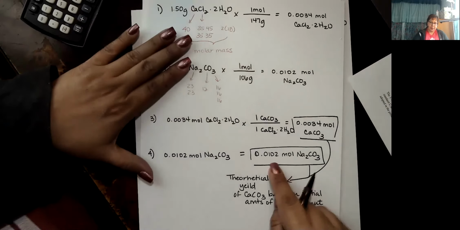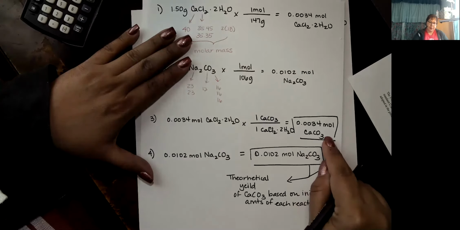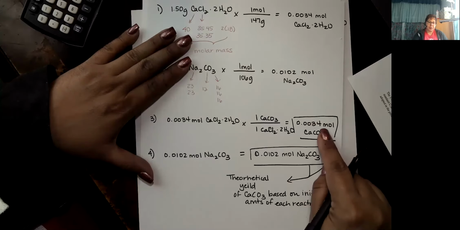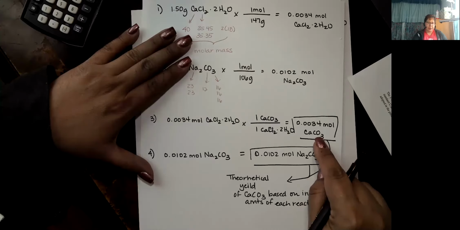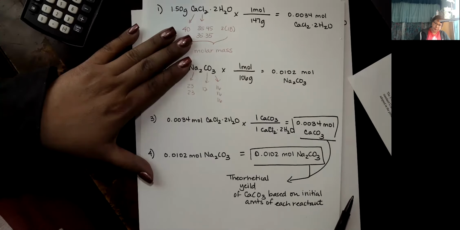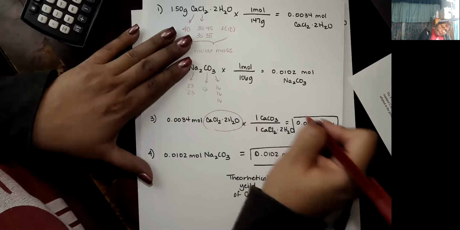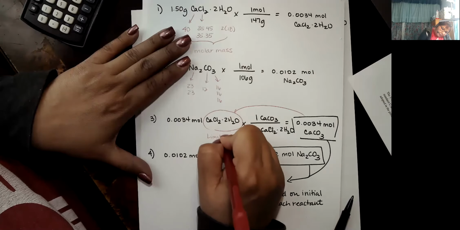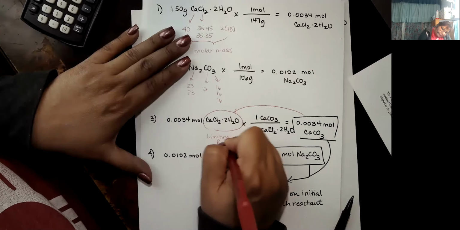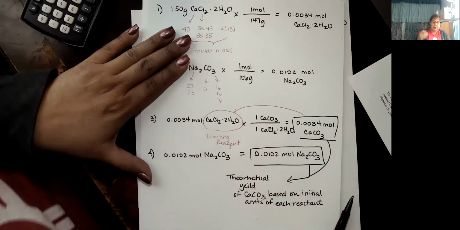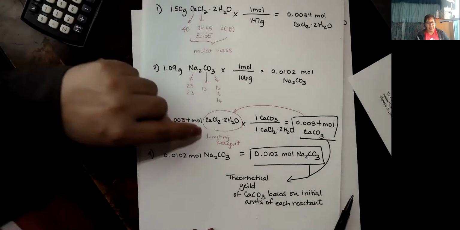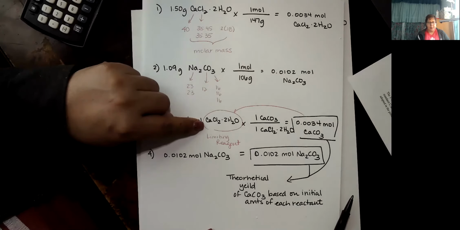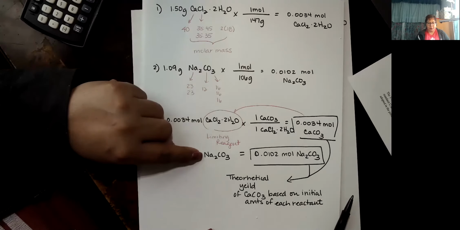So if I compare these 2 numbers, the 0.0034 is the smaller theoretical amount. That means that this is my limiting reagent. In other words, when I do this activity, I'm going to run out of calcium chloride before I run out of sodium carbonate.